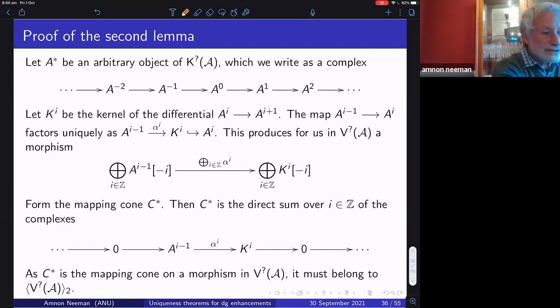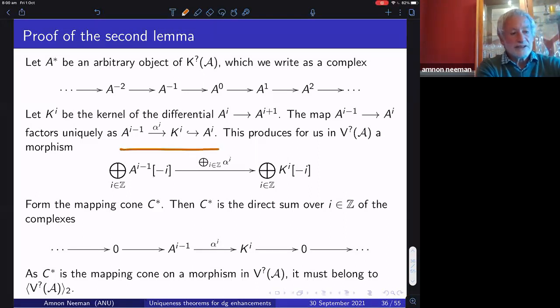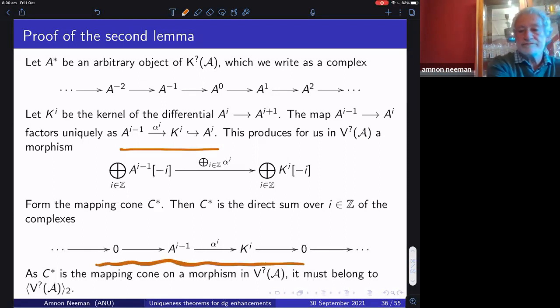So I have this factorization, and I consider all the maps from Ai minus 1 to Ki. This is a map of complexes with 0 differentials, and if I form the mapping cone, it's the direct sum of things like this in appropriate degree.